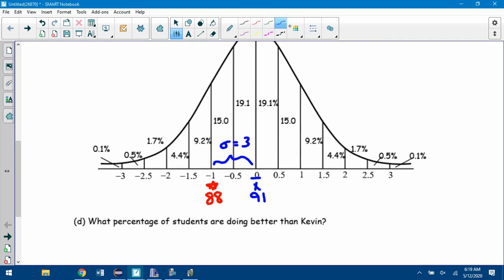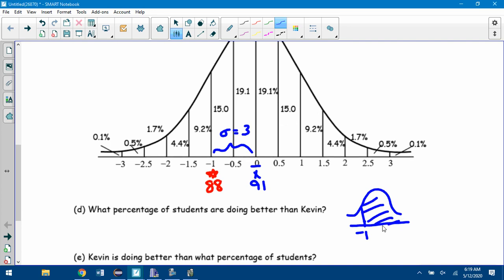So think about what this would look like. Here's my normal curve. We just figured out that Kevin was at negative 1. And if I'm doing better than him, that means I'm over here. So if I want to know what percentage of students are doing better, this means to add all percents above negative 1.